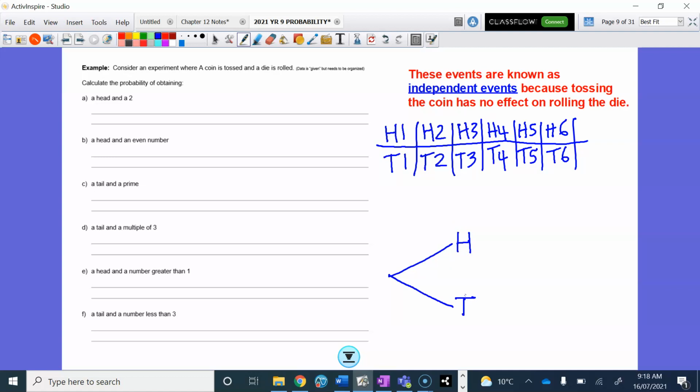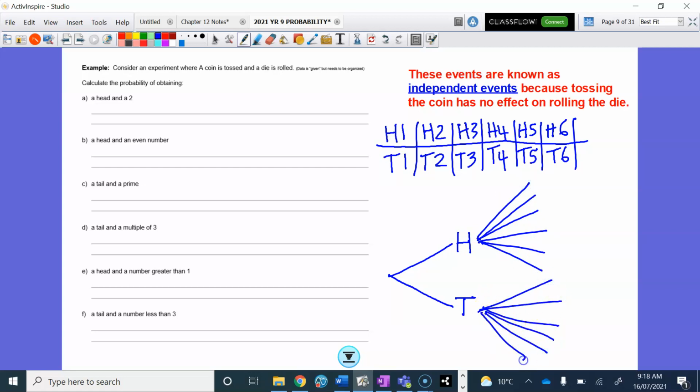The second part of this experiment is to roll the die, and there are 6 outcomes. So it's a bit messy. For this kind of question, I think I would go with the table because it's a little less messy. There are quite a few arms on this tree diagram. With my die, obviously, 1, 2, 3, 4, 5, or 6, and the same 1, 2, 3, 4, 5, or 6.